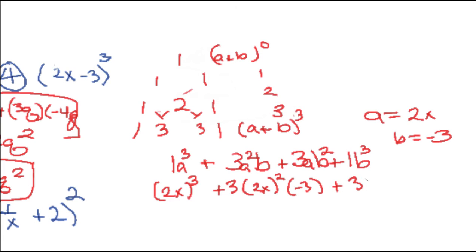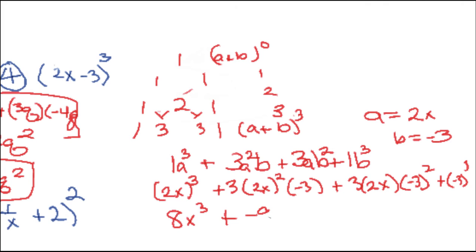Sorry about that. 2x times -3 squared, and then plus a -3 cubed. So the first one becomes 8x cubed. The next one becomes, I'm going to multiply those and get a -9.